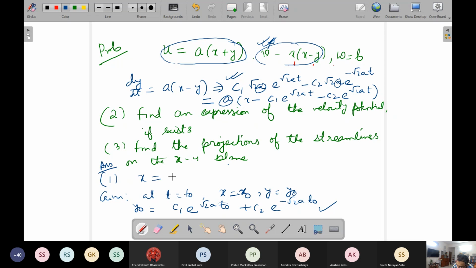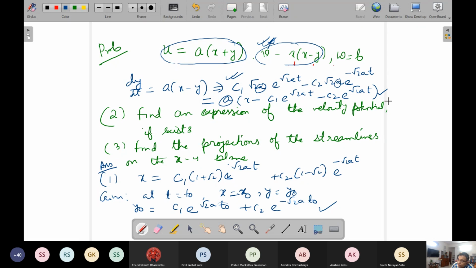So you will have x is equal to C1 into 1 plus root 2 e to the power root 2at, plus C2 into 1 minus root 2 e to the power minus root 2at, from this equation.